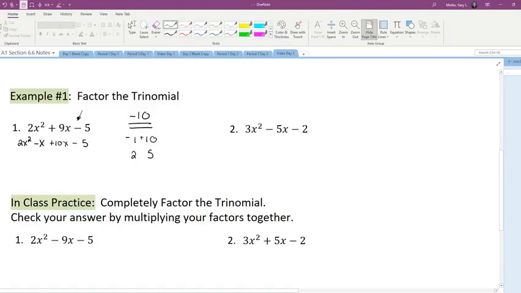Out of the first half, I can factor out an x, giving me 2x minus 1. And on the back half, I can factor out a 5, positive 5, giving me 2x minus 1. Answer is 2x minus 1 and x plus 5.